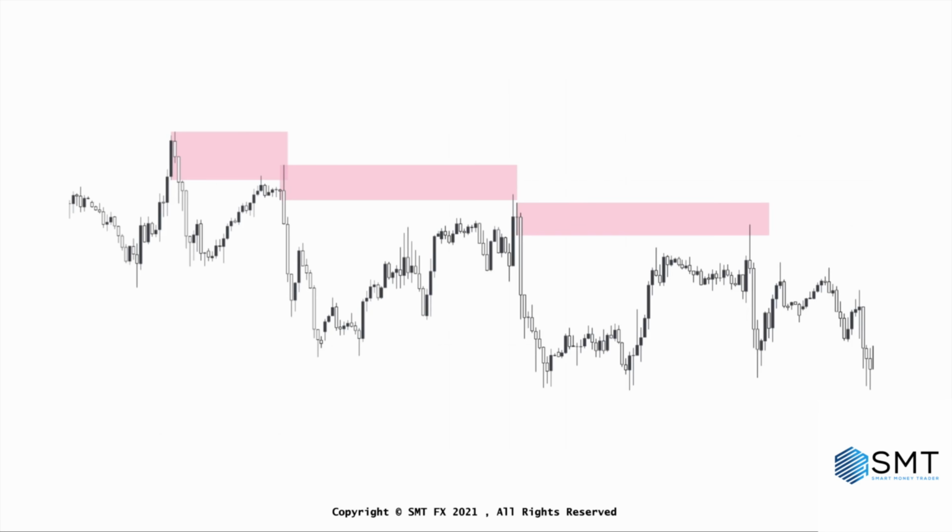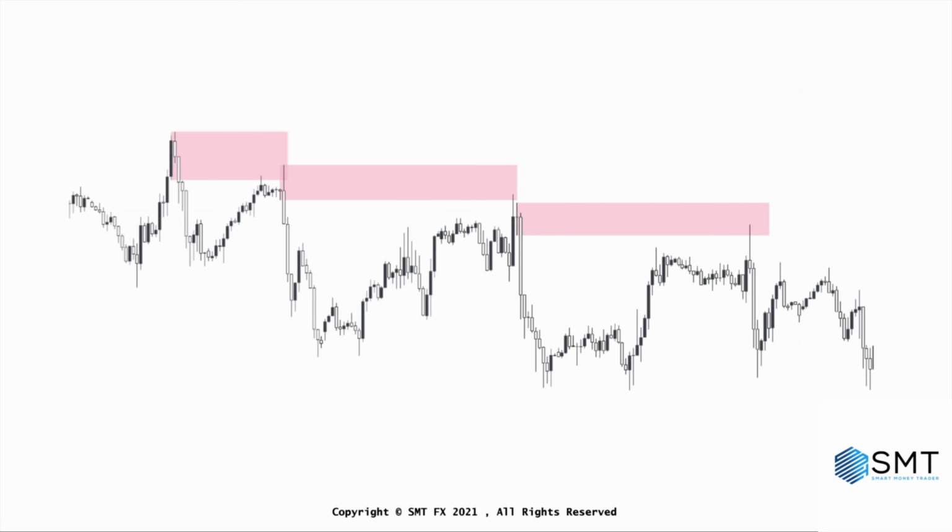So here we have an example of bearish order flow in the markets. Now, if you've seen the order block video, you'll see that the first supply zone doesn't fully meet our criteria. However, in this example, it would still be valid purely based off the formation of the second supply zone.